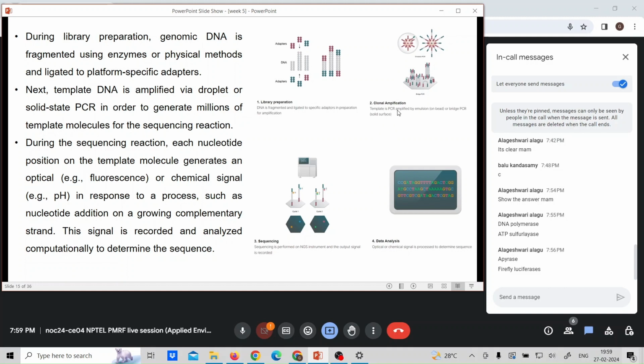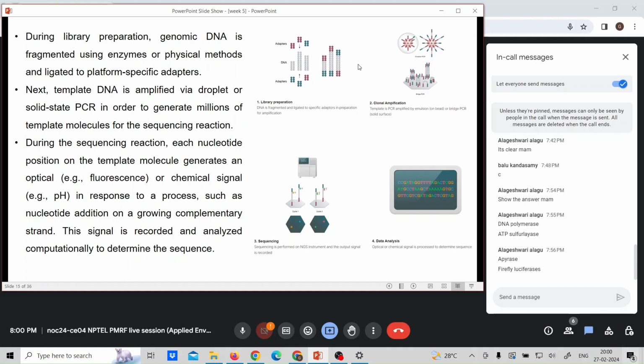In the case of bridge PCR, you have two adapters to which the DNA attaches like a bridge, so it's called bridge PCR. Here, you have an emulsion bead to which your DNA attaches and gets amplified. This is called emulsion PCR. But basically, the steps of denaturation, annealing, and extension are going to be the same.